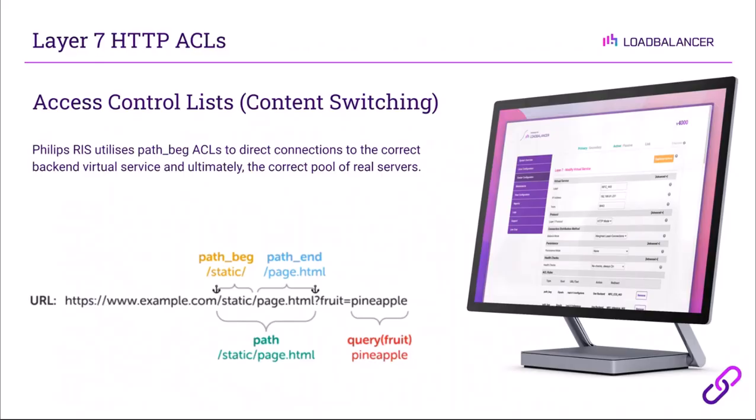So the example here shows that we can match the full path, the beginning of a path or the end of a path, or the query that is included in such a path.